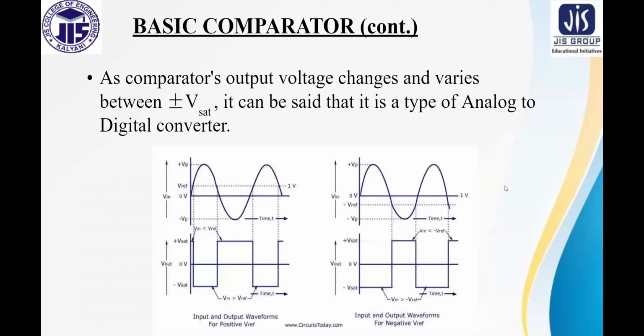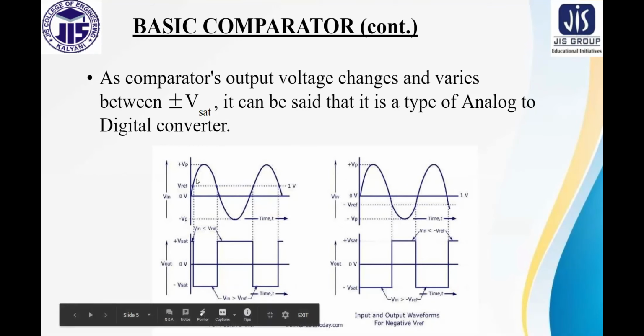Next, yes, it's a basic comparator circuit. As the comparator output voltage changes and varies between plus and minus V saturation, it can be said that it is a type of analog to digital converter. Here you can see a positive reference voltage is mentioned, and whenever the signal crosses it, there is a change in comparator output.